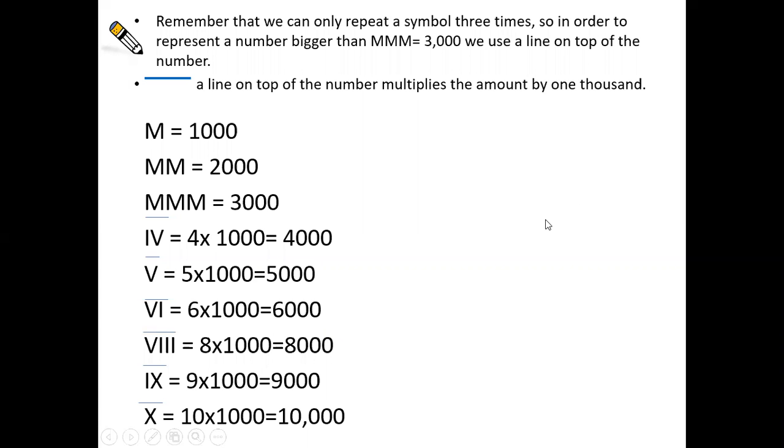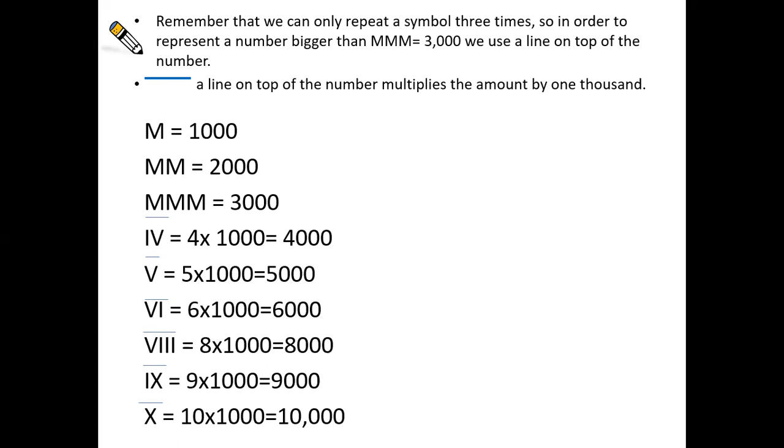But remember that we can only repeat a symbol 3 times. So in order to represent a number bigger than MMM, or 3,000, we use a line on top of the number. This line on top of a number multiplies the amount by 1,000. So an M equals 1,000. 2 M's equals 2,000. 3 M's equals 3,000.